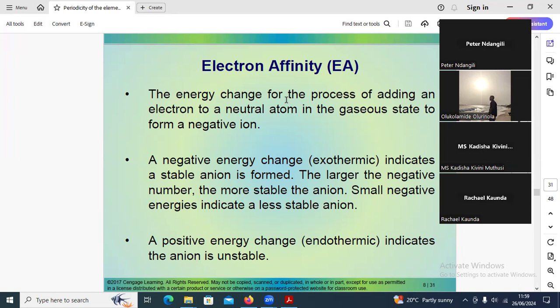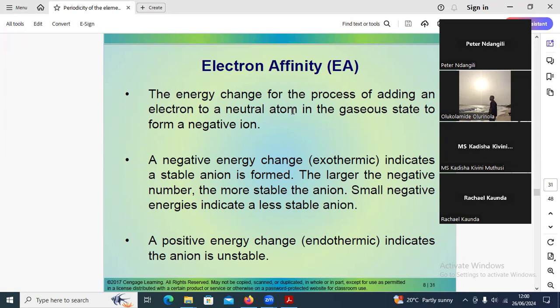And we say that a negative energy change is exothermic, indicating that a stable ion is formed. And the larger the negative number, the more stable the anion that is going to be formed. We are saying anion here because electron affinity is going to lead to a negative species.